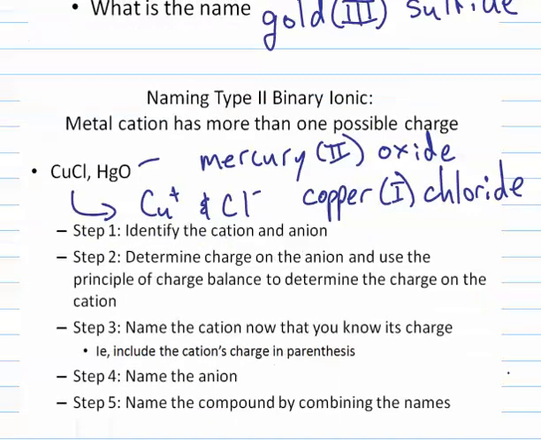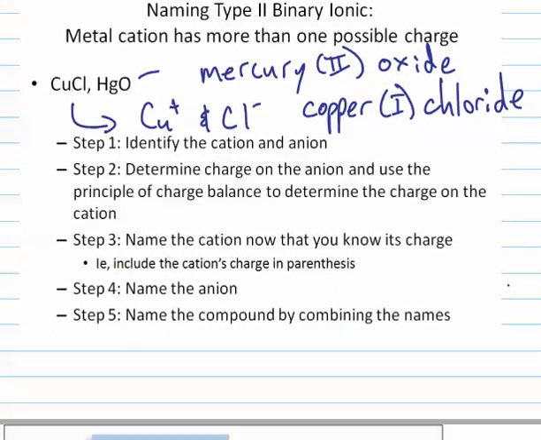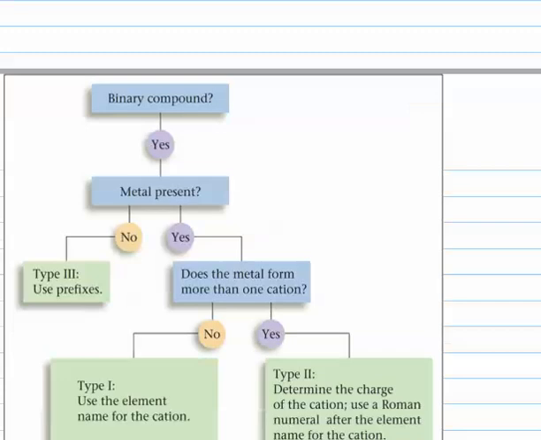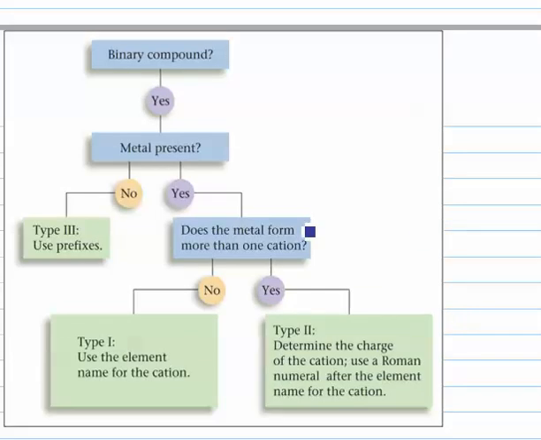Okay, so in our naming scheme, again, we're going to identify if this is a binary compound. Once we have said, yes, this is a binary compound, there are only two types of elements. We ask, is a metal present? If there is not a metal present, we are going to use our type 3 rules.